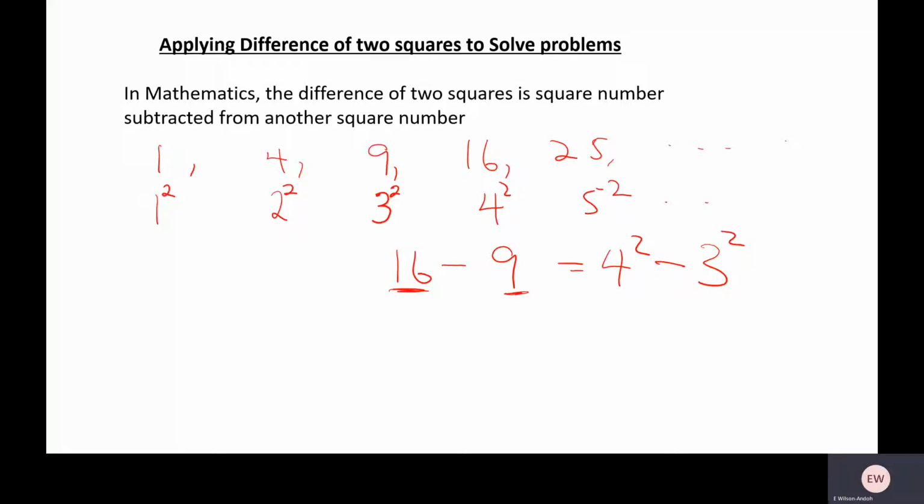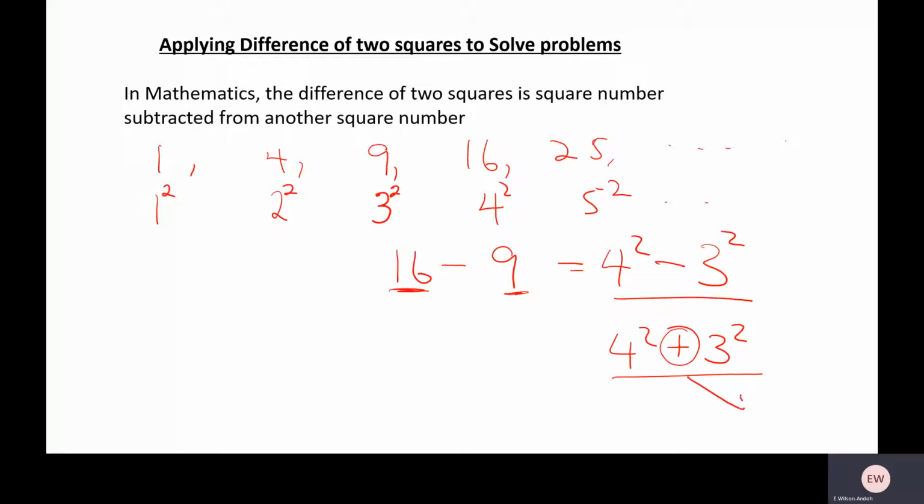So anytime you hear what is the difference between one number and another number, the sign that comes to mind is the subtraction sign. So the expression here is different from 4 squared plus 3 squared. This is not difference of two squares because the operator between the two numbers is addition.